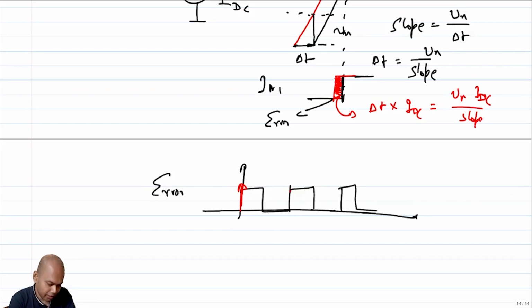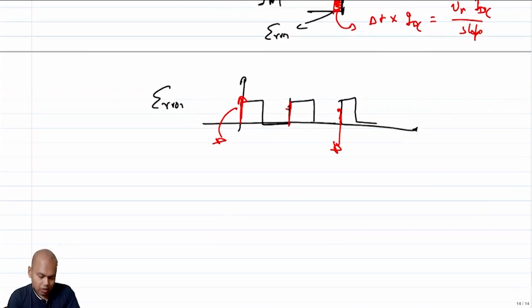There will be a delta here, another delta there, maybe one on the negative side. It will happen at every clock edge, and I am interested in the PSD of that error. Since this is a periodic waveform, I will be interested in whatever is the error around FLO.